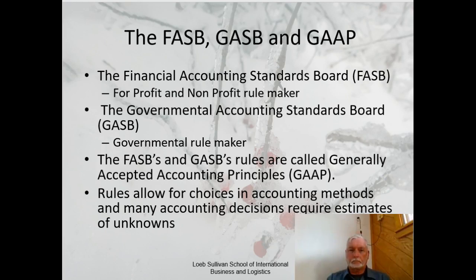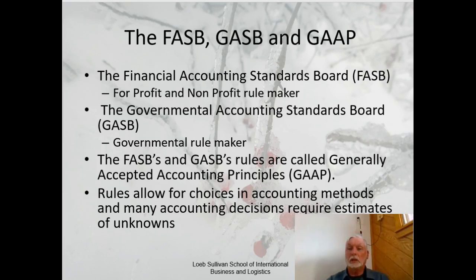The FASB is the rulemaker for all profit and non-profit organizations. There's also a GASB that makes rules in the U.S. for government standards, and they are changing quite rapidly.